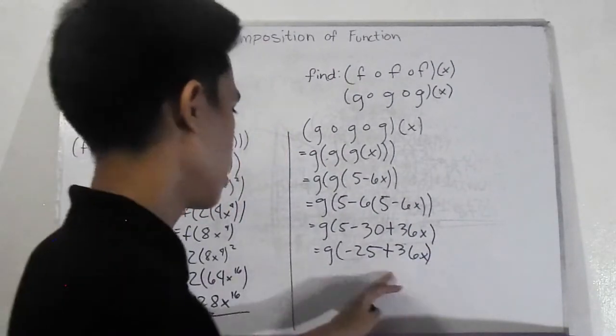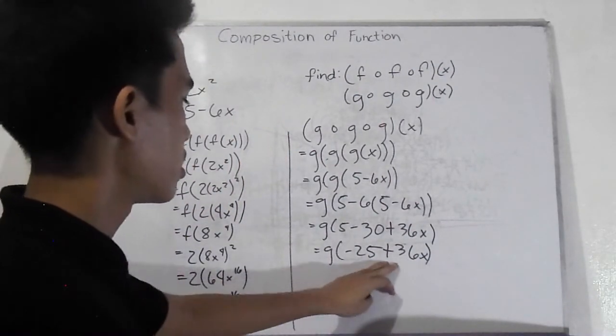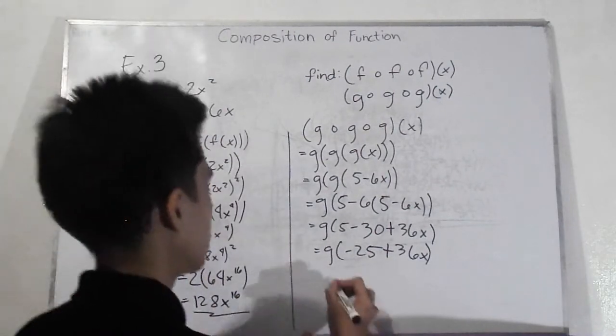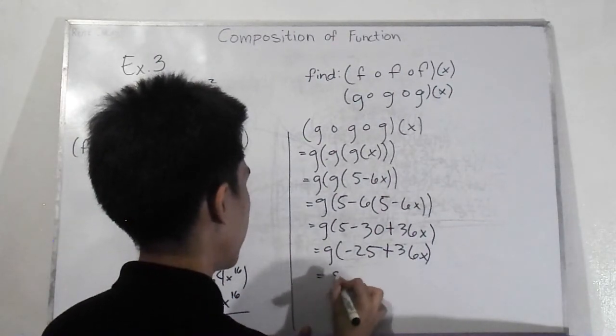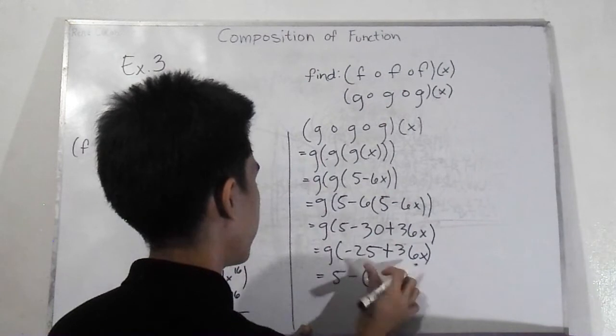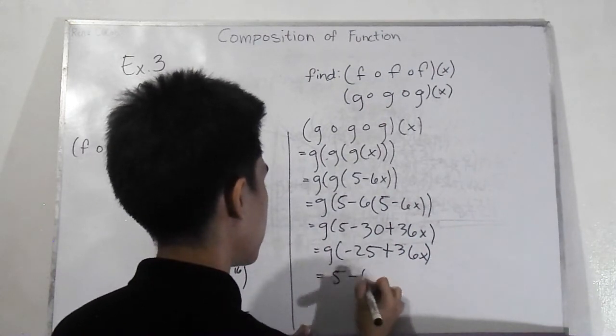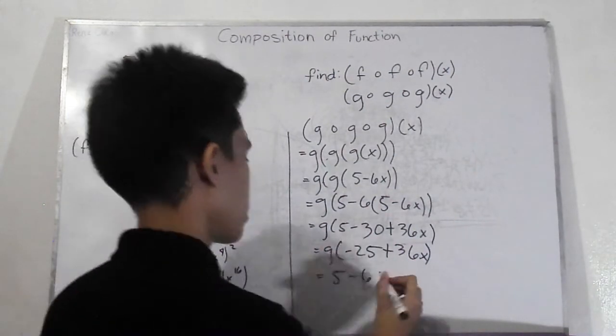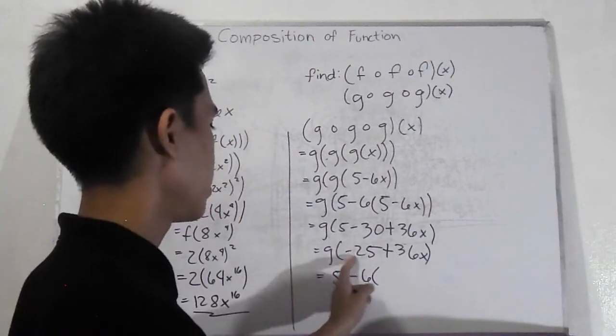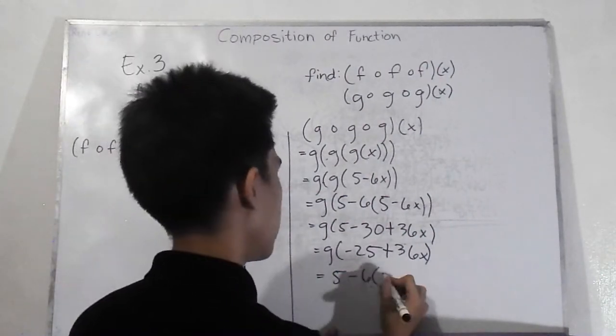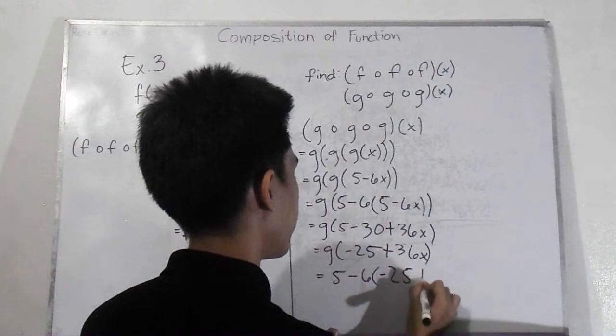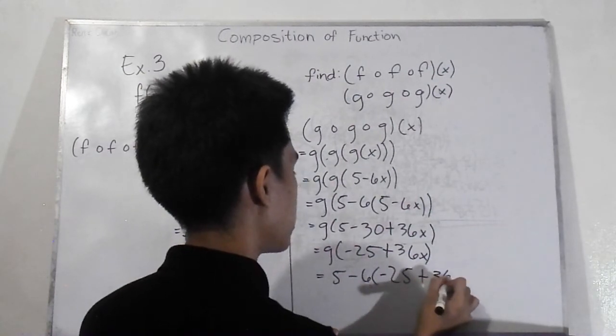Next, same procedure, substitute. So we will now have 5 minus 6, the value of x, negative 25 plus 36x.